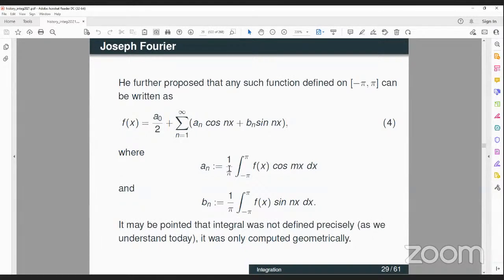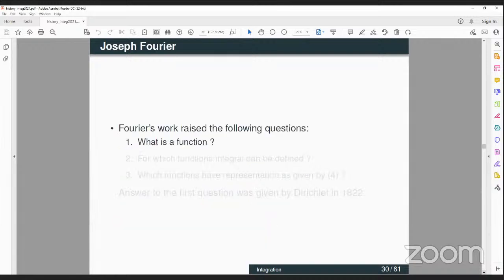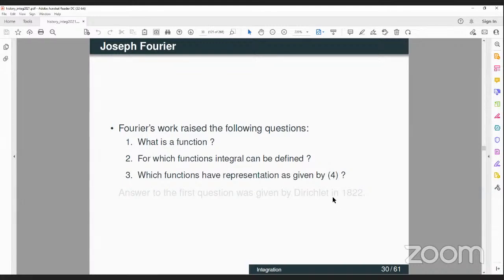This came to be known as the Fourier convergence problem: for what functions can you write this, and for what functions do the coefficients a_n and b_n make sense? So this once again came to the question: what is a function? For which functions can the integral be defined? That is how the concept of the integral is getting tied up with the concept of a function.